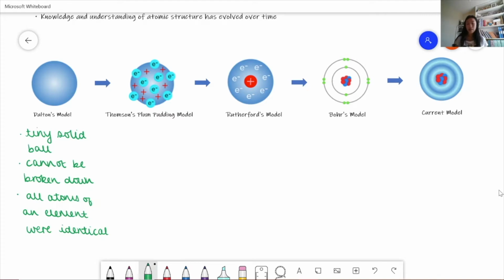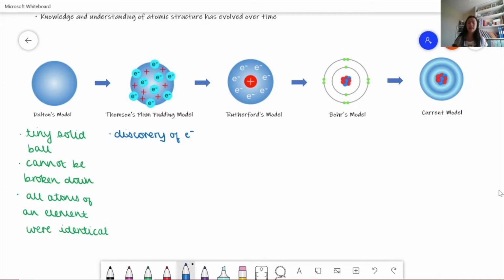And the evidence which drove this model was the discovery of electrons. And we can write electrons as e to the minus because electrons are always negatively charged. And Thomson's plum pudding model was based on the fact that an atom was made up of tiny negatively charged electrons, which are dotted about a positively charged sphere, which is like a plum pudding.